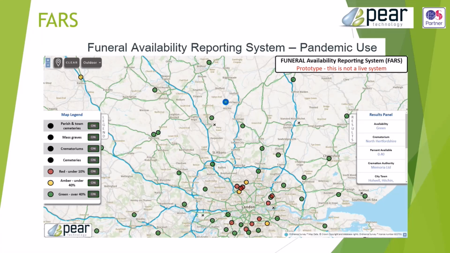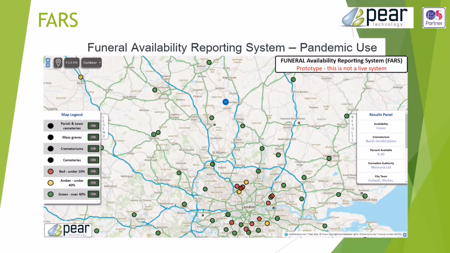So FARS is a system that can be used in a pandemic situation where there's particularly high demand, extreme demand for funeral capacity. So we've worked with Edge, the Federation of Burial and Cremation Authorities, and the ICCM, Institute of Cemetery and Crematorium Management, to propose a solution for communicating the availability of funeral capacity.